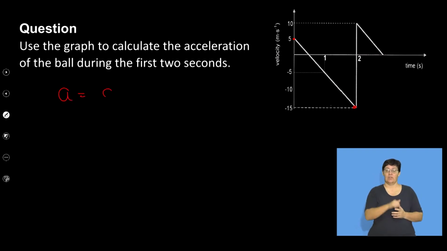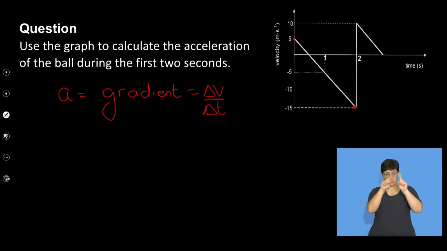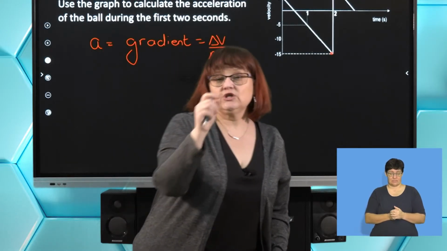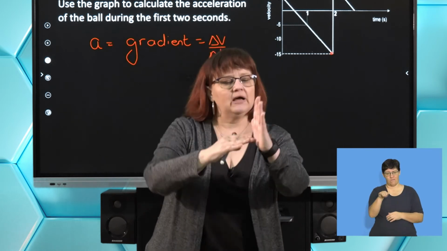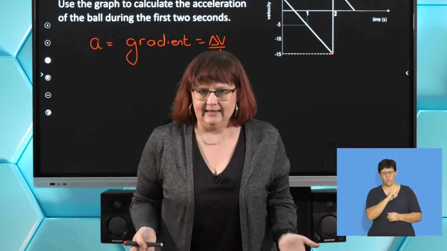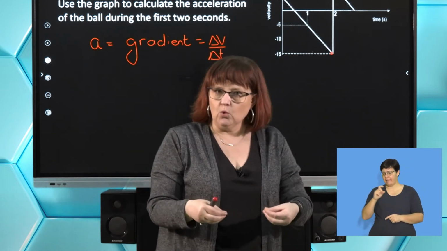Acceleration is equal to the gradient of my graph, which means it's change in velocity over change in time. I don't put change in y over change in x because my axes aren't called y and x. I use what they're called.